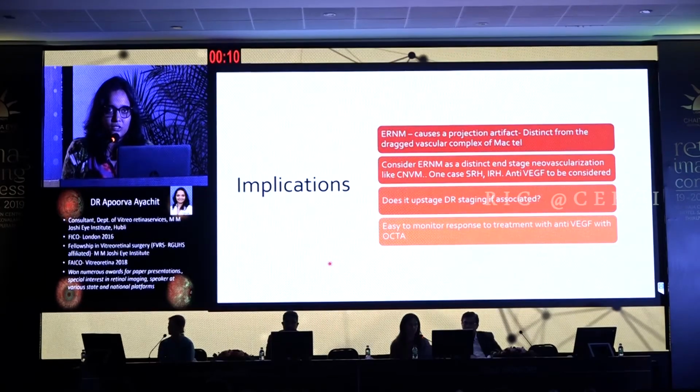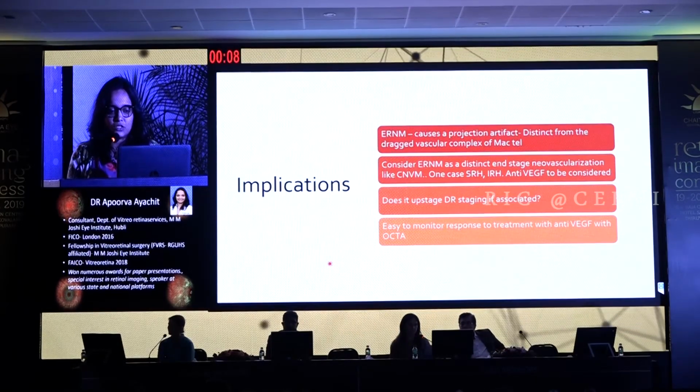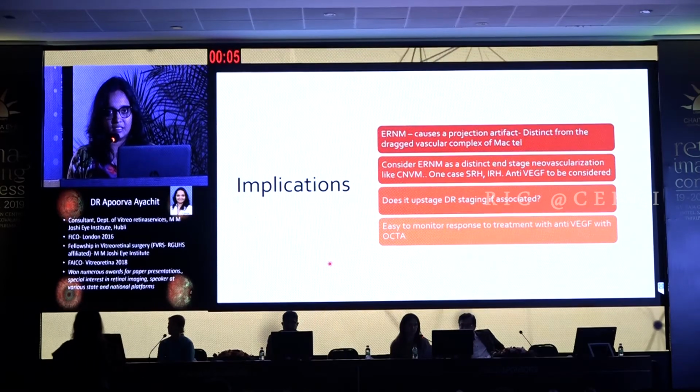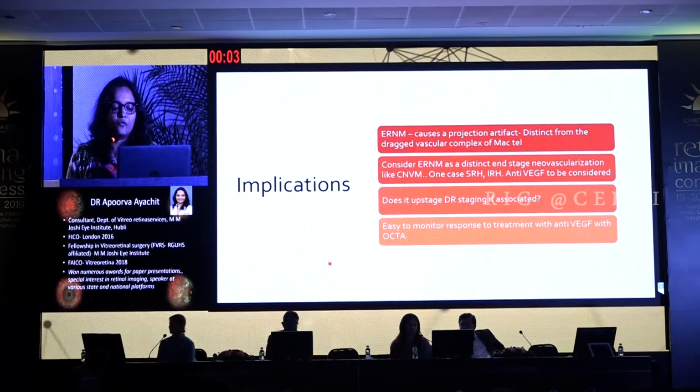So the implications of this novel finding are that it does cause a projection artifact which is to be distinguished from the dragged vascular complex typical of MACTEL. And is it possible that it's an end-stage neovascularization just like CNVM? And since we have an example of hemorrhage, anti-VEGF probably needs to be considered.